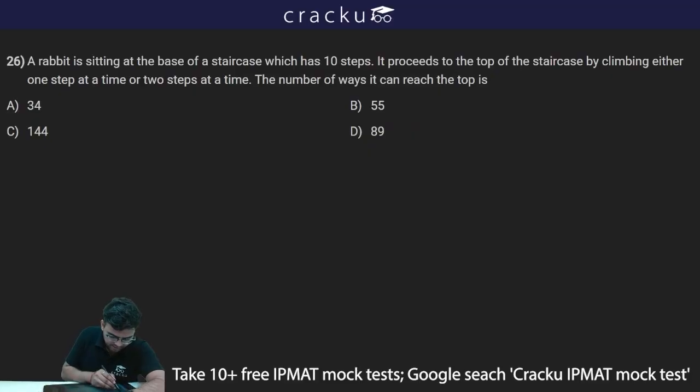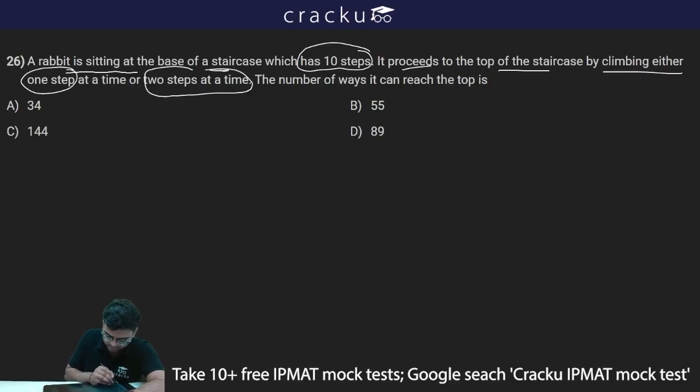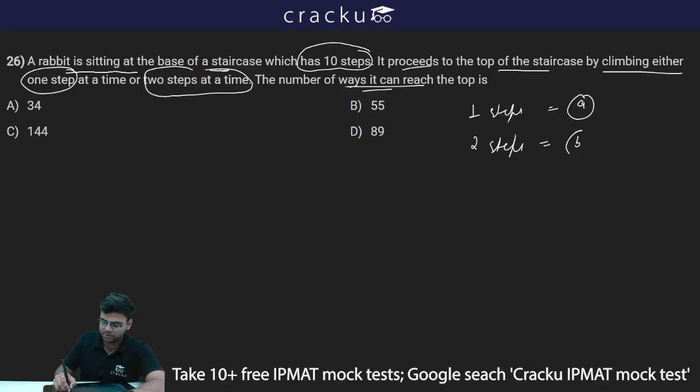The next question is given: a rabbit is sitting at the base of a staircase which has 10 steps. If it proceeds to the top of the staircase by climbing either one step at a time or two steps at a time, the number of ways it can reach the top is? Let's say the number of one steps the rabbit is taking is a, and the number of two steps the rabbit is taking is b.